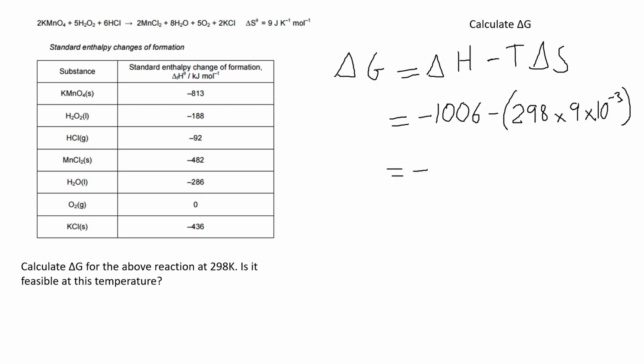And that comes out as minus 1009 kilojoules per mole. So is the reaction feasible at this temperature? Yes, because delta G is negative.